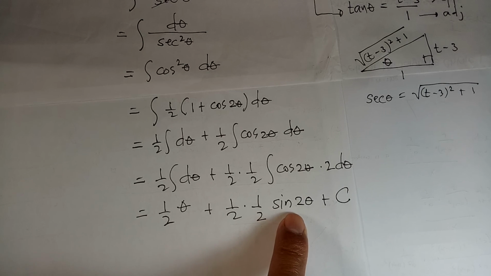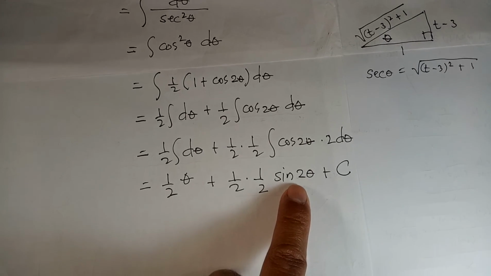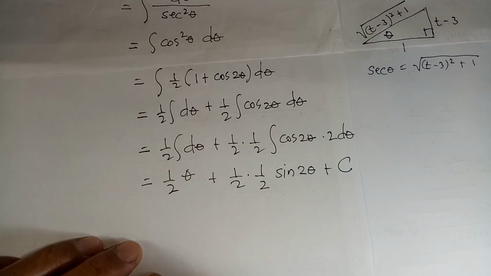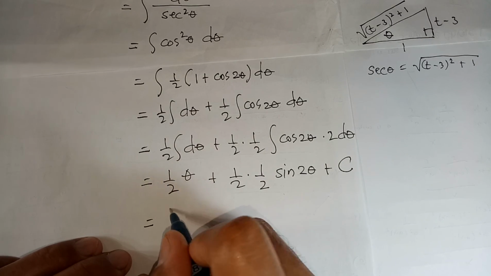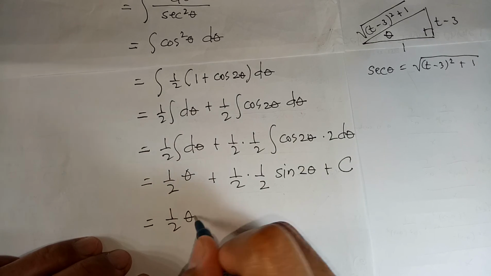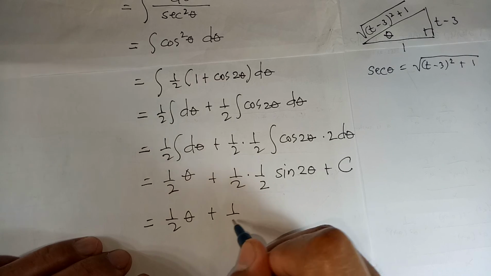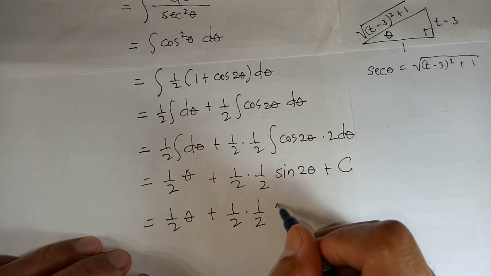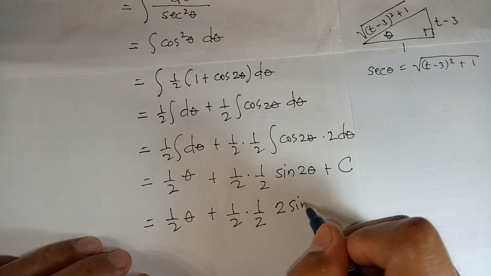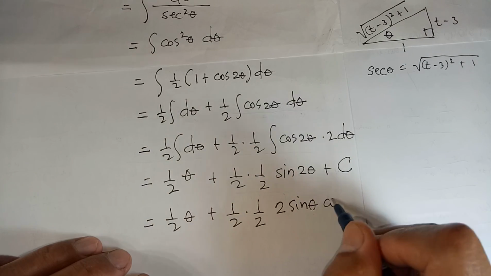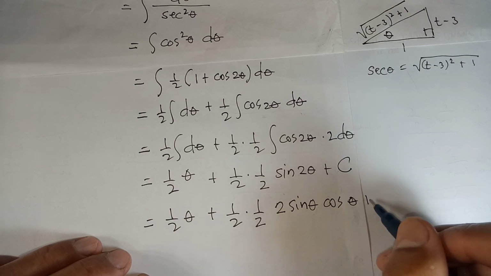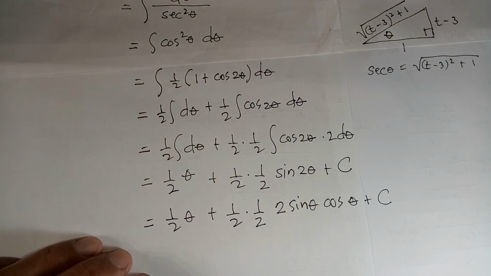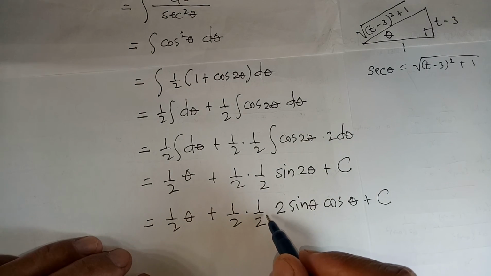Kaya yun, yung sine 2 theta ay gagamitin natin ang double angle identity. So, meron tayong 1/2 of theta plus 1/2 times 1/2 and then times 2 sine theta cosine theta and then plus c. So, cancel ngayon yung 2 rito.